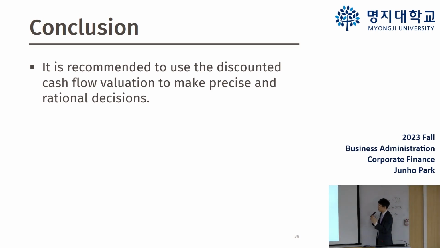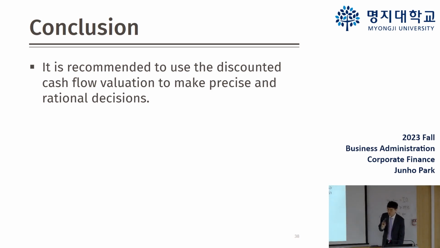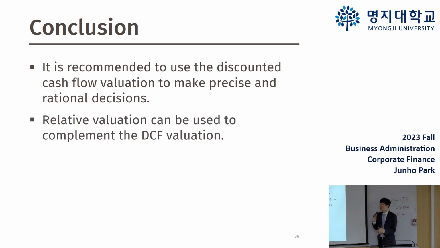On the other hand, with discounted cash flow valuations, if you can make good assumptions, the results are very rational, and if you make your decision based on this rational valuation, you can be successful in measuring the value of the company. However, because we want to make sure whether our DCF valuation is correct or not, we can use relative valuations as a complementary measure for the DCF valuations.